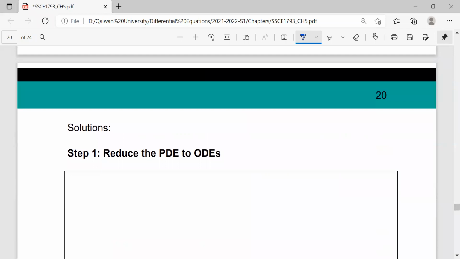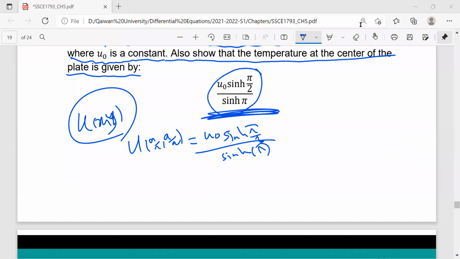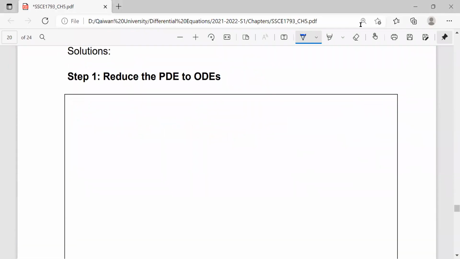For the solution, we do the same as we did before for the wave equation. We reduce the partial differential equation to two ordinary differential equations. Our partial differential equation, the Laplace equation, is u sub xx plus u sub yy equals 0.